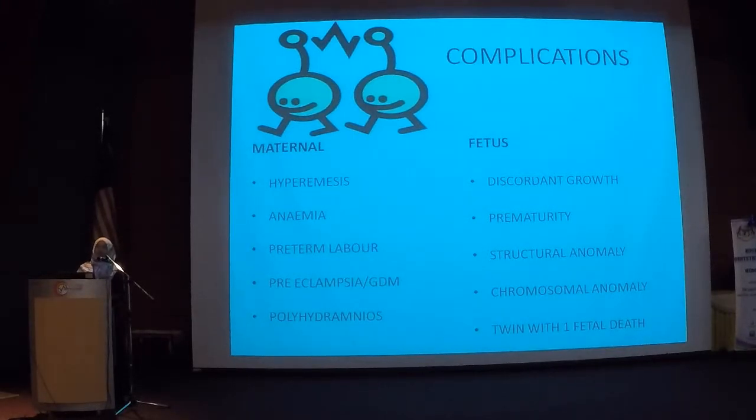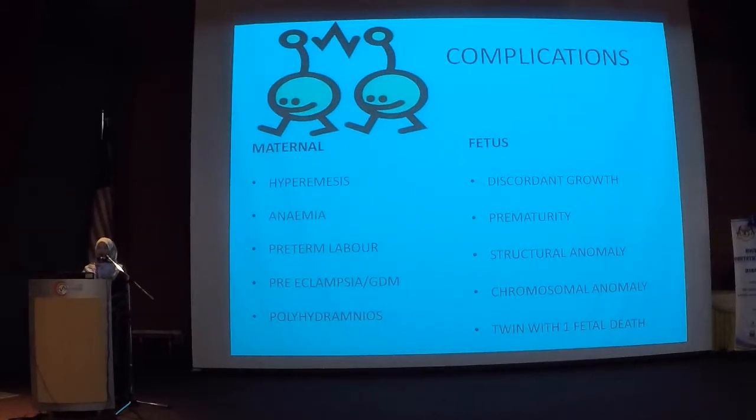For preterm labor, about 50 to 60% will end up with premature delivery, so we have to prepare the patients. For this problem, we usually advise the patient to receive IM dexamethasone for fetal lung maturity from 26 to 28 weeks.